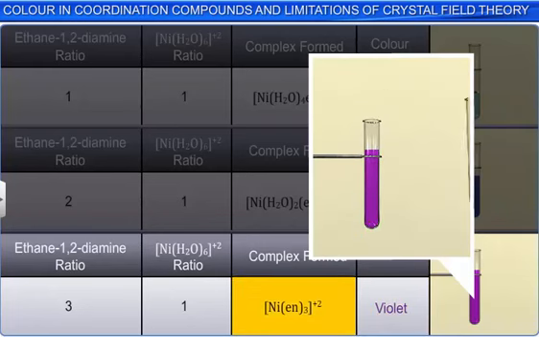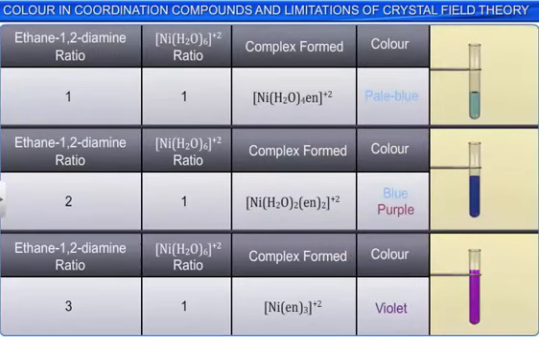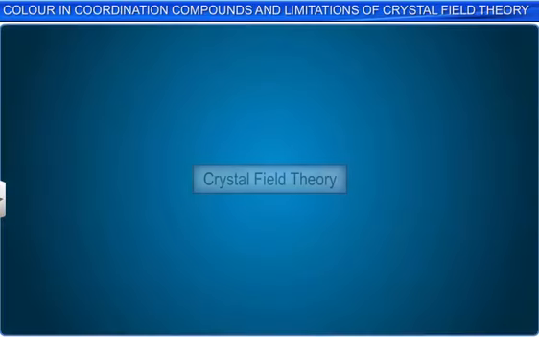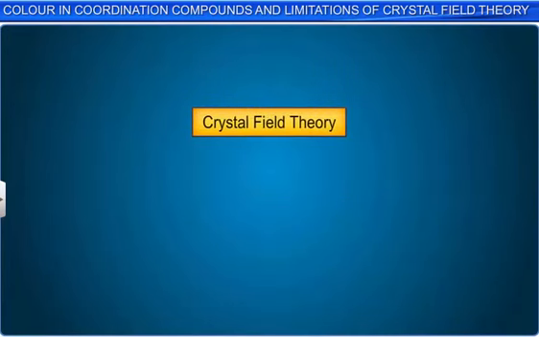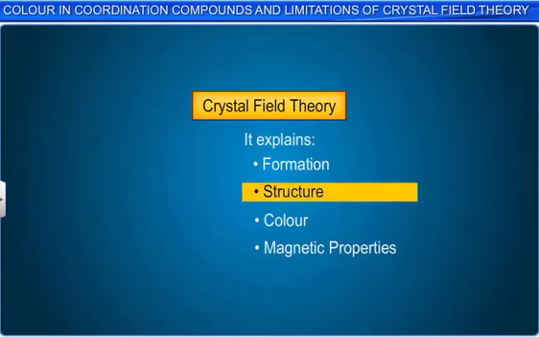Now let us see the drawbacks of the crystal field theory. Although it successfully explains the formation, structure, color, and magnetic properties of coordination compounds satisfactorily to a large extent, it suffers from some drawbacks.